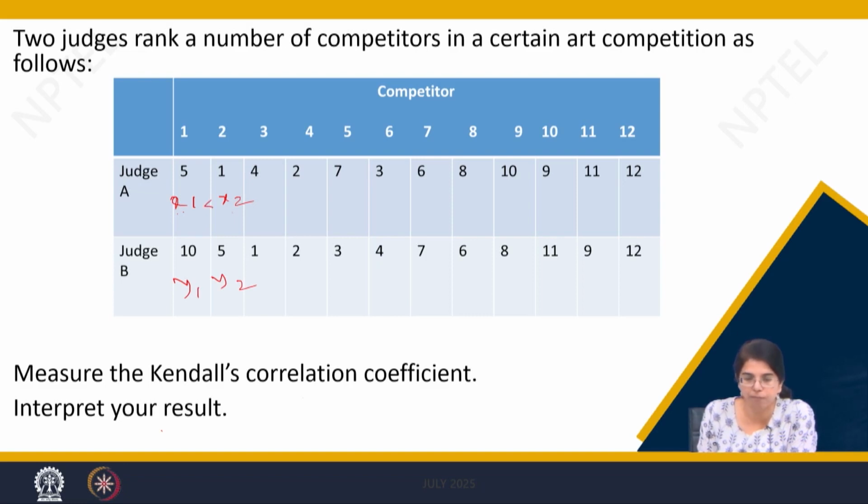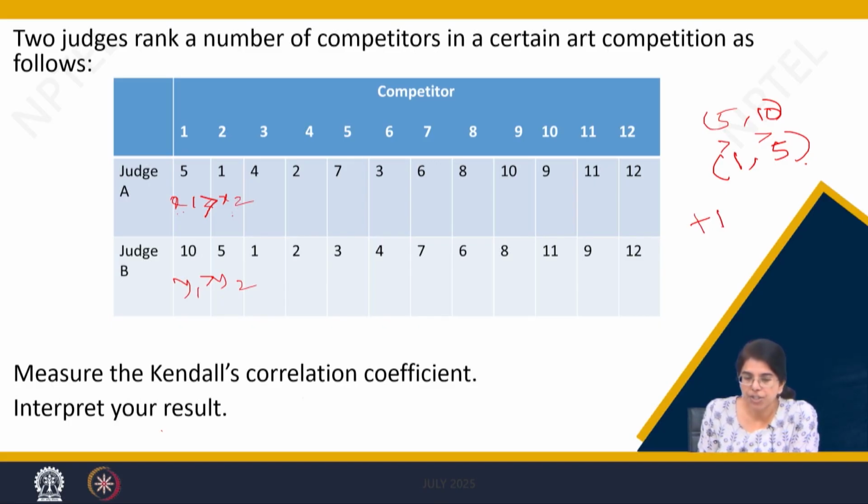No, 5 is greater. So x1 is bigger than x2. Does it imply y1 is also bigger than y2? Yes, y1 is 10 and y2 is 5, so this is also greater than. We can say these two pairs are concordant. So for concordant pairs we assign +1.